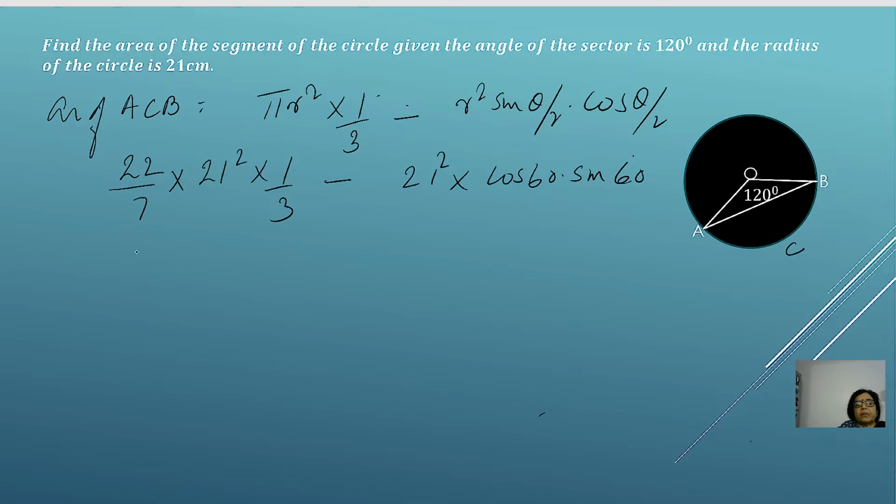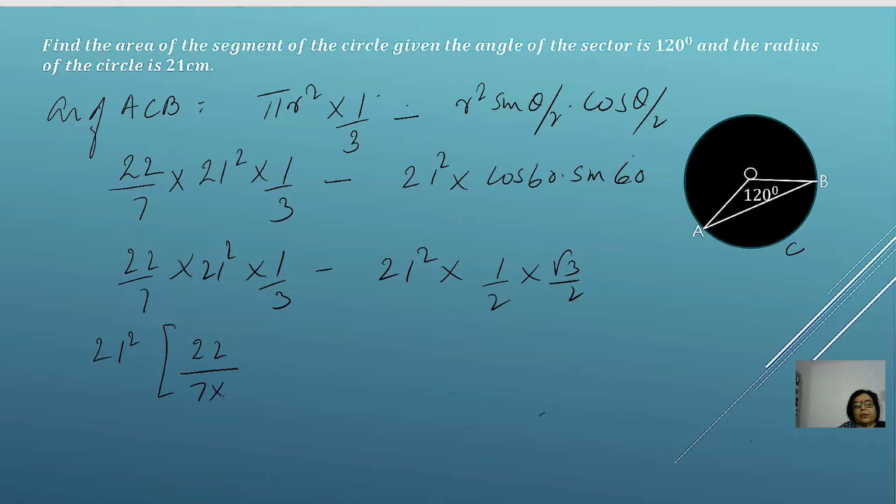Now this becomes 22 by 7 into 21 square into 1 by 3 minus 21 square, cos 60 is equal to half and sine 60 is equal to root 3 by 2. So we can easily take out 21 square common from the brackets and we are left with 22 by 7 into 1 by 3 minus this becomes equal to root 3 by 4.